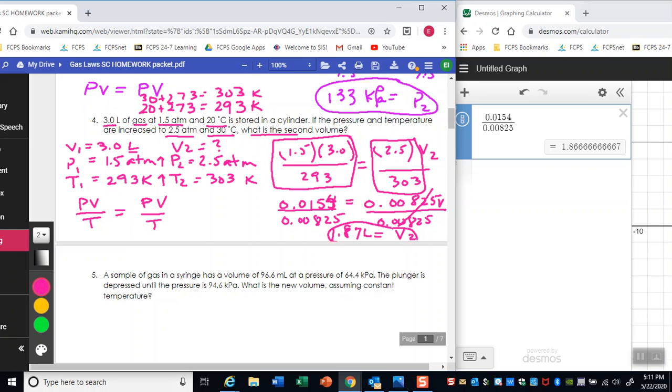Pressure went up. If the temperature goes up, you think the volume should go up, right? But if the pressure goes up, that makes the volume go down. So they're all kind of working together. So it's a little bit harder to check with this. So we'll just have to hope for the best. 1.87 liters.